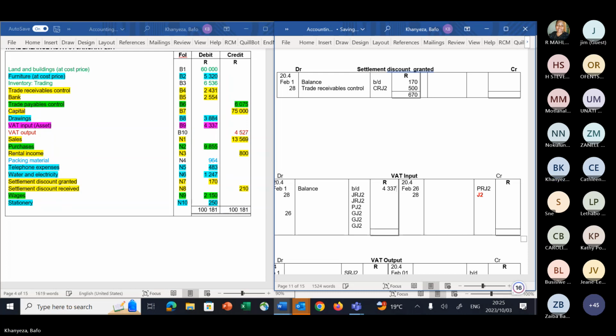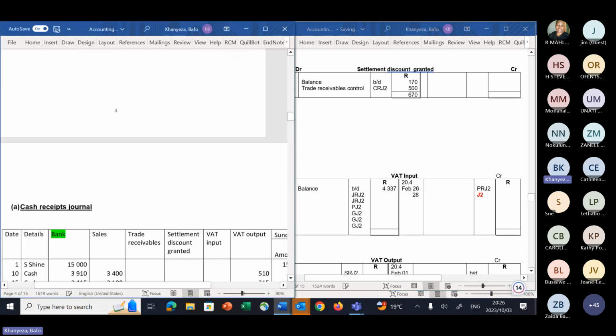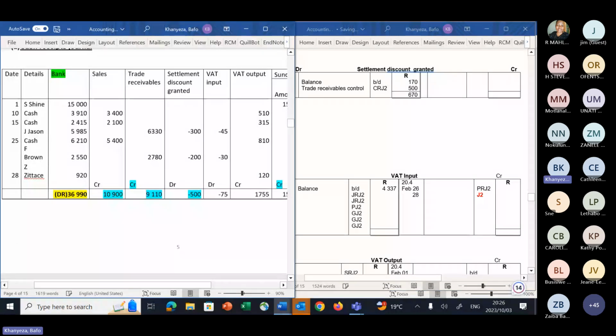Then let's move now and see wherever we see a VAT input. Here is a VAT input, but this one is on the credit side.